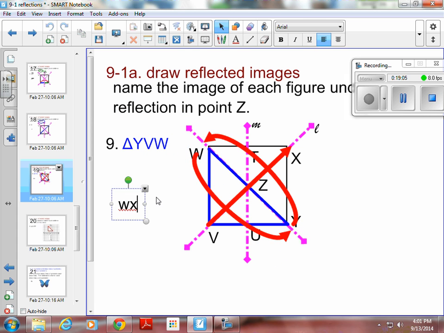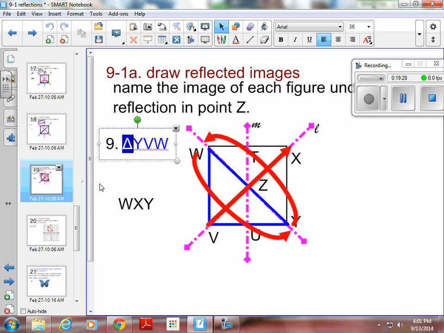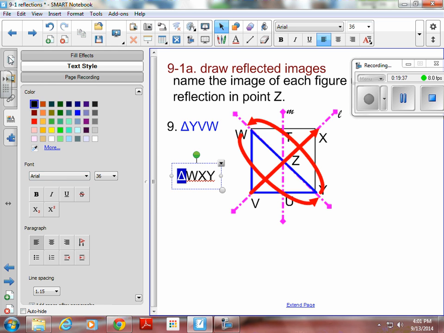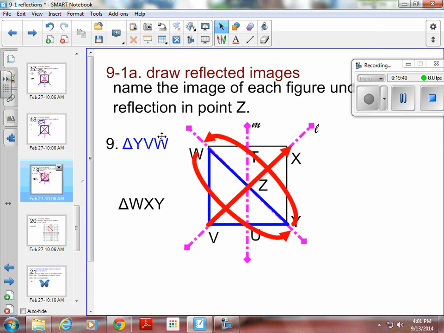So my next one would be a Y. W, X, Y. There, those are capital letters. And then that's also a triangle, so I want to make sure I have my triangle symbol on there. Okay, so triangle YVW goes to triangle WXY. You just go letter by letter, reflecting it through point Z.